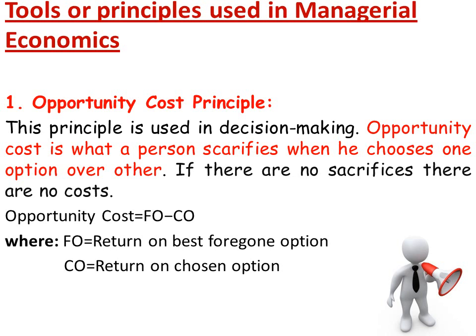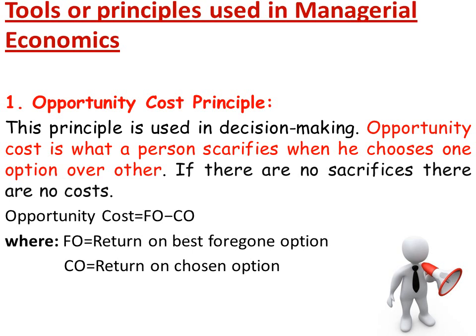If there is no sacrifice, there will be no cost. If he or she does not want to shift the option and is ready to move on with what they have, there will be no sacrifice. If they want to shift their option, then they have to sacrifice, and that cost is called opportunity cost.